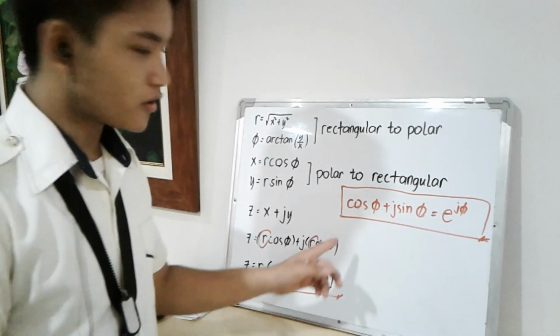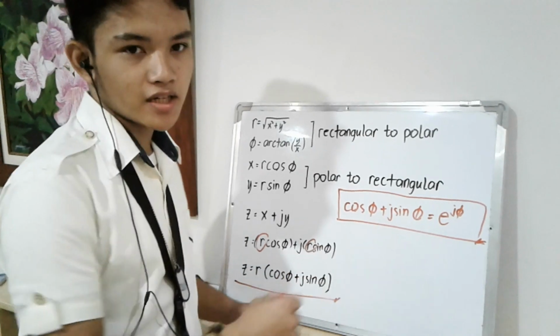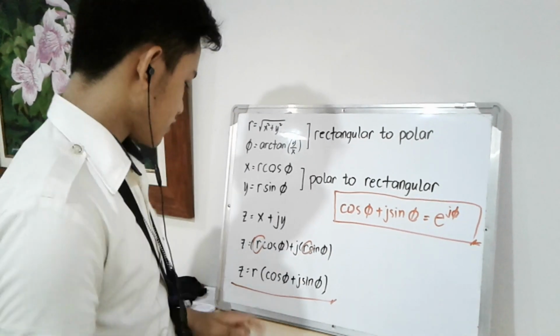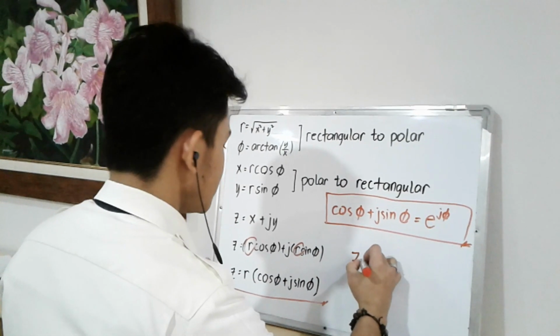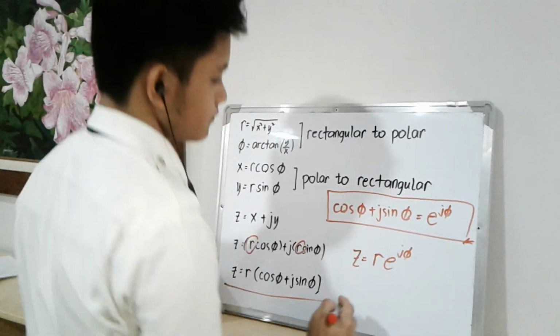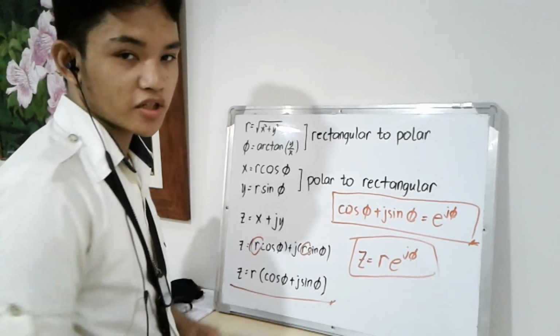So take note of this identity: cosine phi plus j sine phi is equal to e to the power of j phi. Substituting this, we can say that z is equal to r e to the j phi, and this is the exponential form.